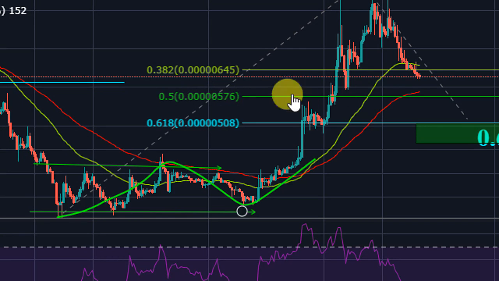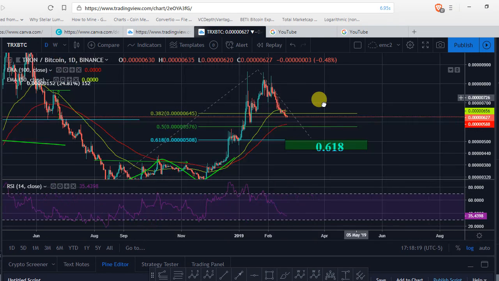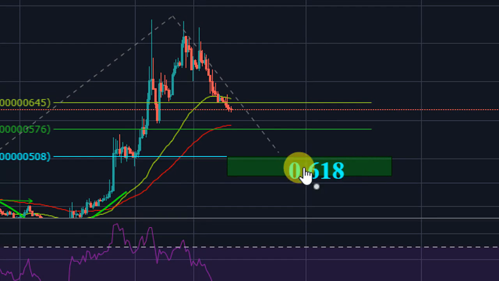Now we're roughly going to this area of 50% retracement, which is 575, right? So maybe that's going to be a good indication of a reversal. If not, we're just going to have to wait to this area of 0.618, which is roughly 500 sats, right? And another point I wanted to talk about is the RSI.